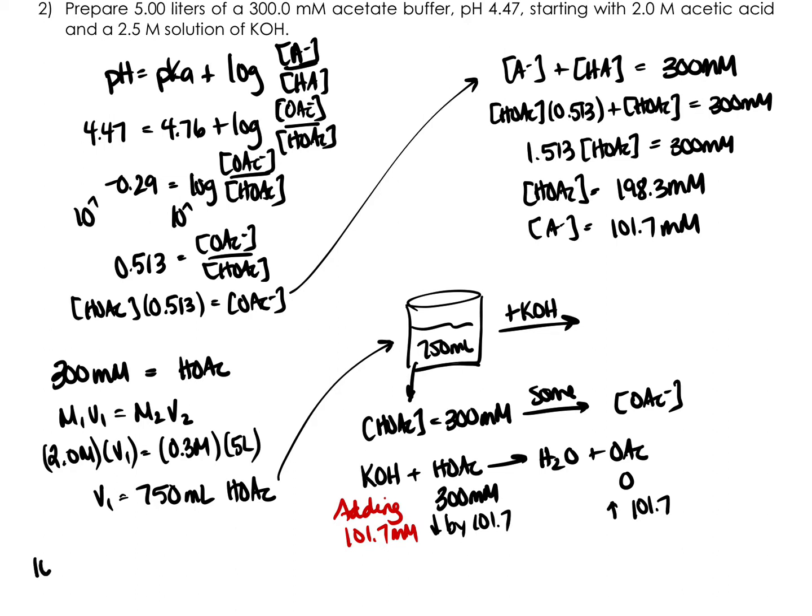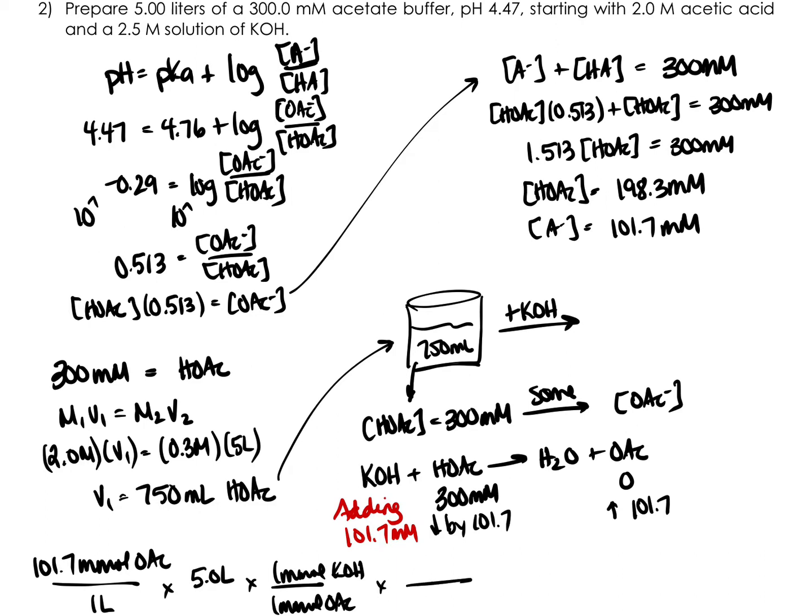We know that we want our final concentration of acetate to be 101.7 millimolar. If we're going to have 5 liters of that solution, that's going to scale up the amount of acetate that we need to generate in terms of total number of moles. And our chemical equation shows us that 1 millimole of acetate reacts with 1 millimole of KOH.